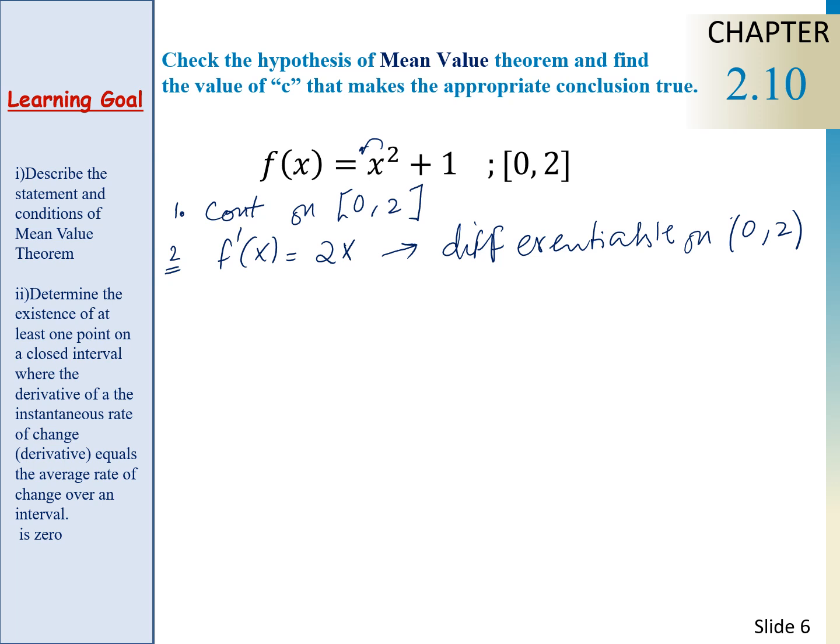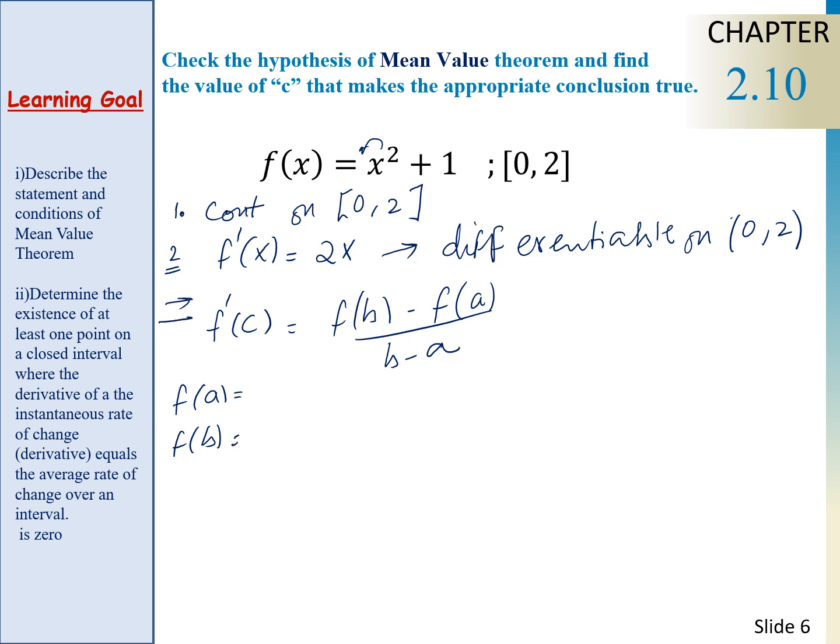We can say that there is a point c where the slope of the tangent line is equal to the slope of the secant line. So I wrote the formula. First of all, let's find f of a and f of b to assemble each and every value in the given formula of the mean value theorem.